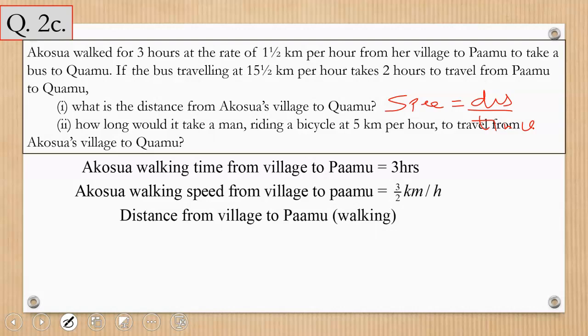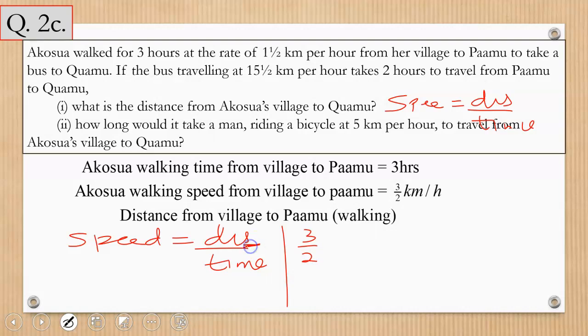From village to Pemu, Akosua's speed is equal to distance over time. We know the speed according to the question is 3/2, and the time is 3 hours.